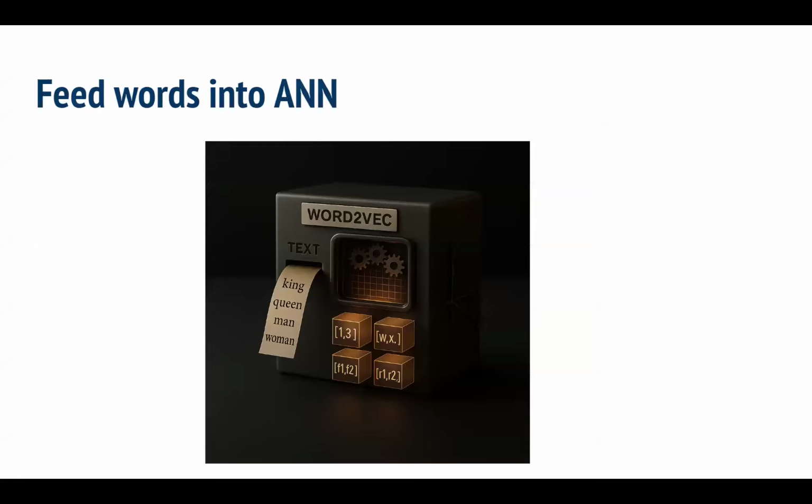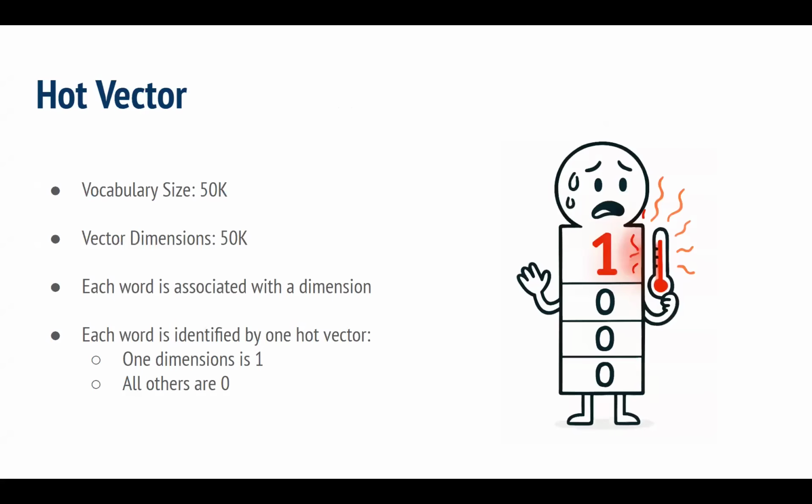So we are not far from the magic. Now we will talk about how we feed the actual words into the neural network or into the machine learning model. We mentioned that we cannot feed text directly into the machine learning model, and we are probably approaching the last piece in our puzzle. So we will introduce the concept of a one-hot vector.